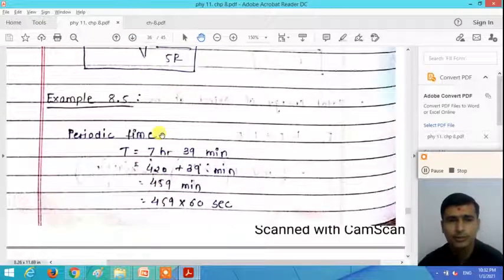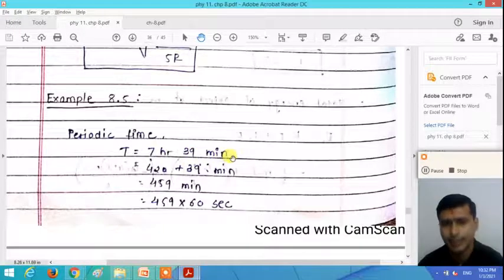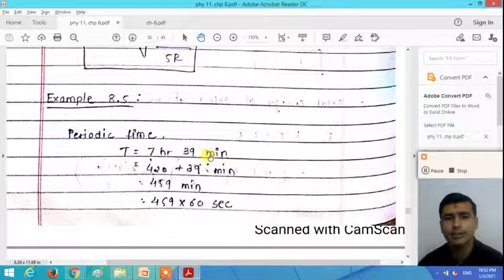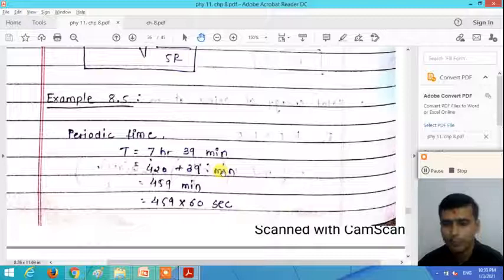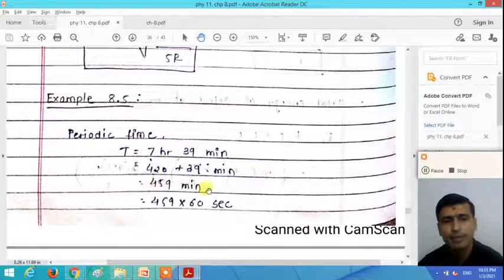So let us see the solution of this example number 8.5. First of all, the periodic time of the moon of Mars is given to you. Capital T is 7 hours and 39 minutes. So first convert these 7 hours and 39 minutes into seconds. 7 hours is 420 minutes plus 39 minutes, so the orbital period of the moon of Mars is 459 minutes.